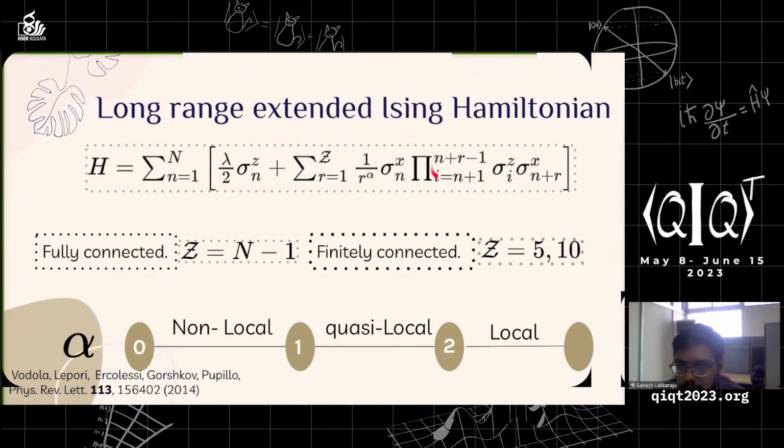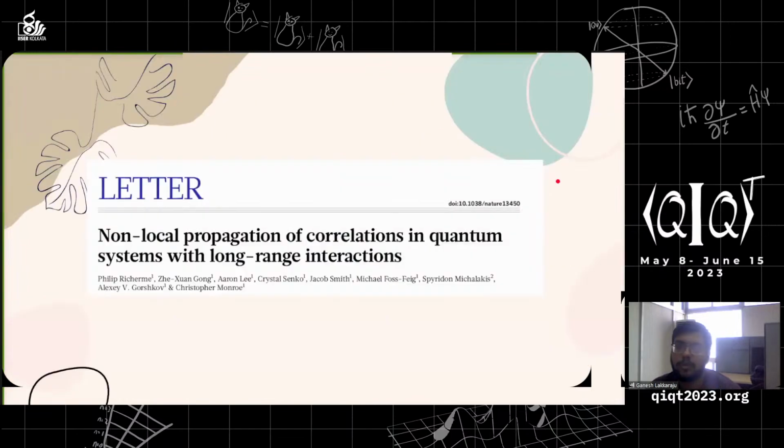Now these class of models, without the z in between, if there is just blindly 1 over r power alpha sigma x n plus r, these class of Hamiltonians have been experimentally simulated in many works, especially in ion trap quantum systems. People like Alexei Gorshkov and Christopher Monroe have done many experiments in this direction.